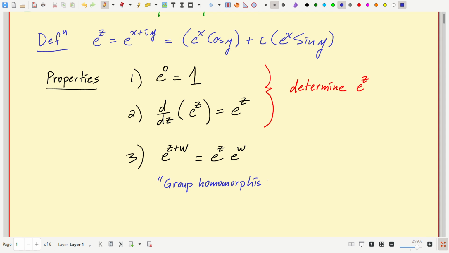That's mapping the additive group of complex numbers to the multiplicative group, and that multiplicative group would be C minus 0. That's a cool fact. And of course, there's only one of those things, too.